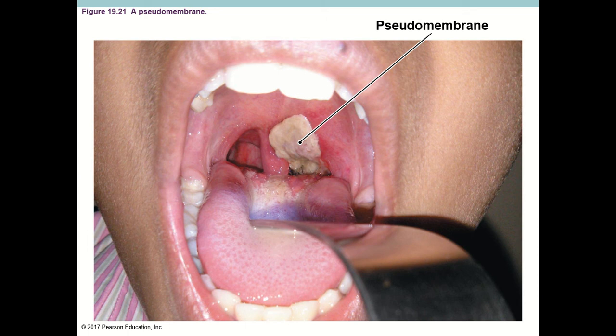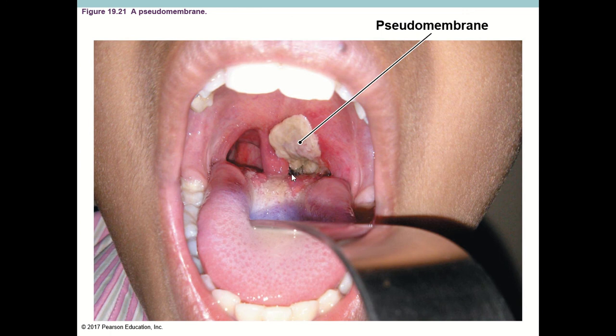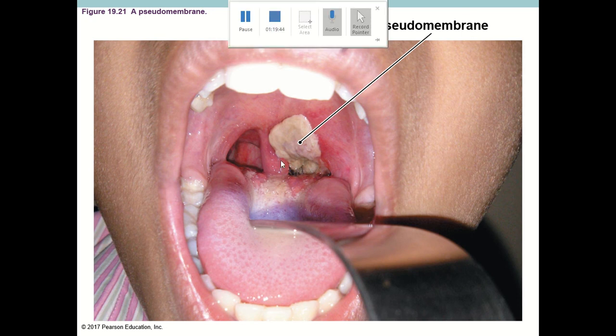Okay, so at this point, this bacterium that produced the pseudomembrane released the toxin, and that's the only way in which the disease can manifest symptoms. Because if the bacterium does not release the toxin, then no symptoms are going to be seen on a patient.